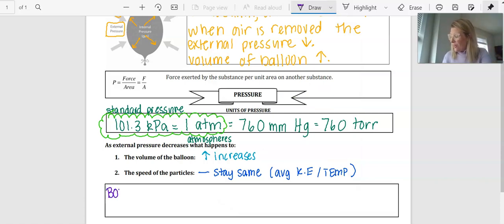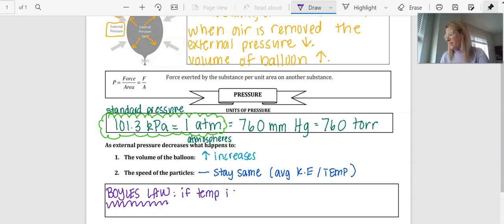So Boyle's Law states that if temperature is held constant, okay?